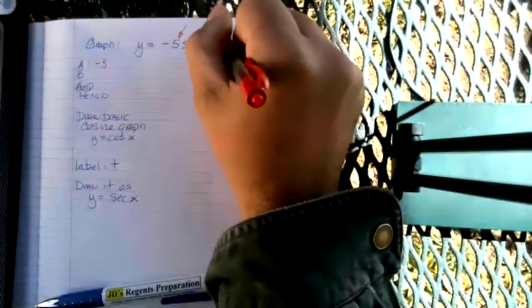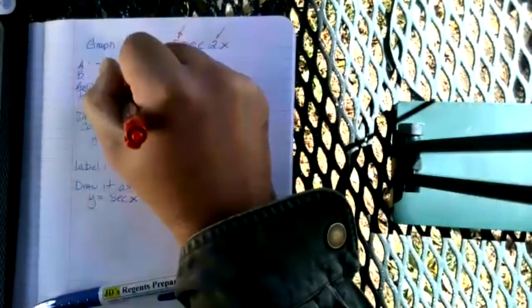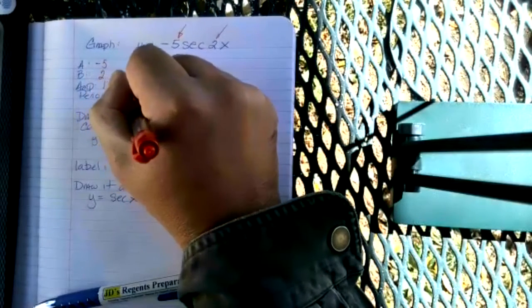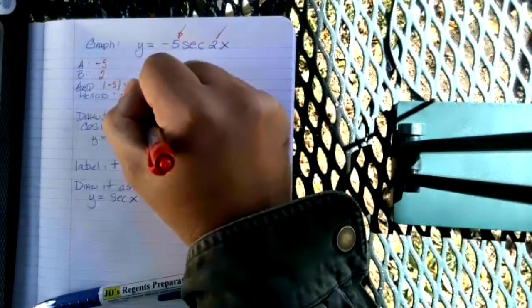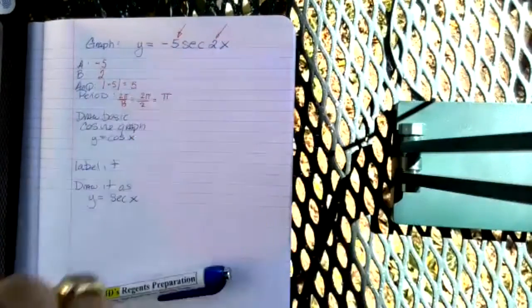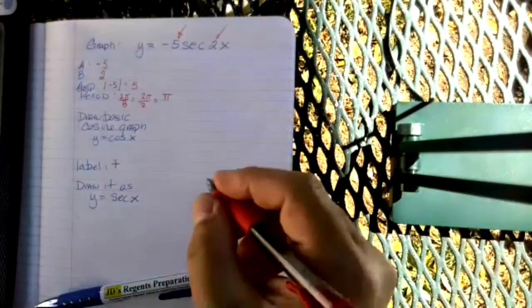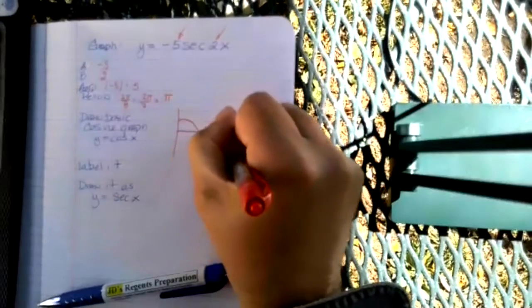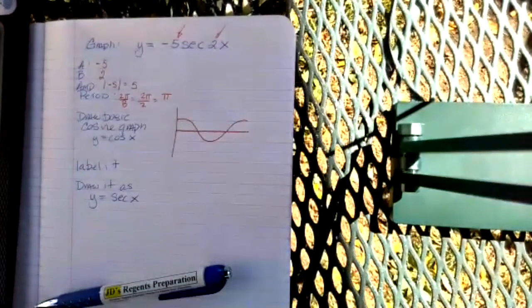So my A is -5. My B is 2. My amp is the absolute value of -5, so it's 5. My period is 2 pi over B, so it's going to be 2 pi over 2. A cosine graph looks like that.